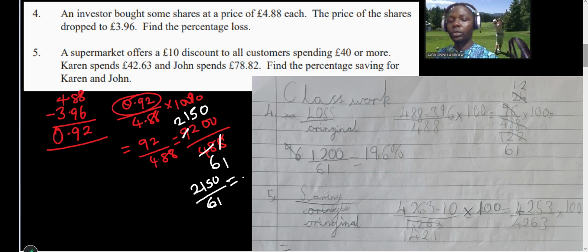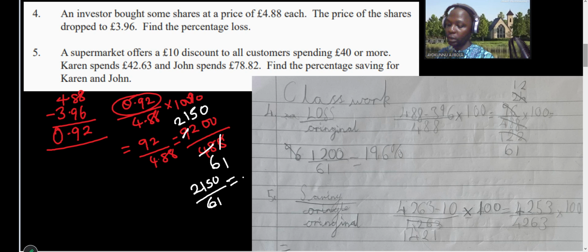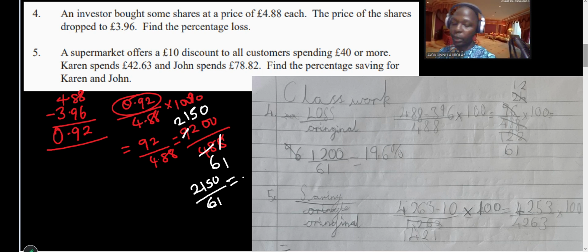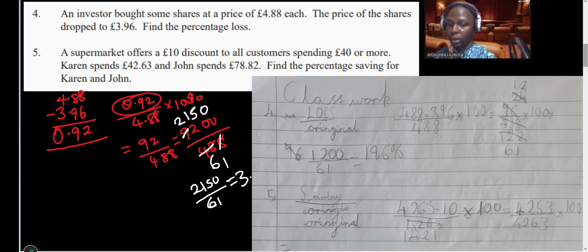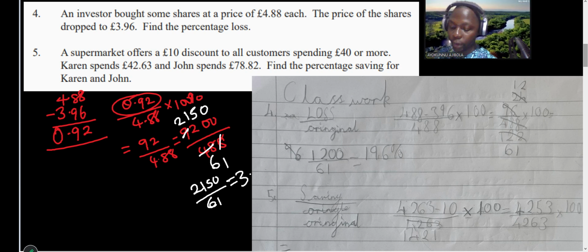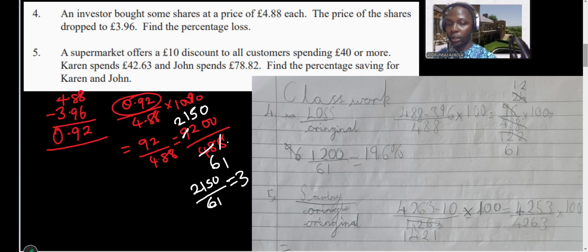That cannot be more than 2, which is 122. So 150 minus 122 is 28. And how many 61 will go in 280? That's about 4, we can say 35.24%. Is that fair?